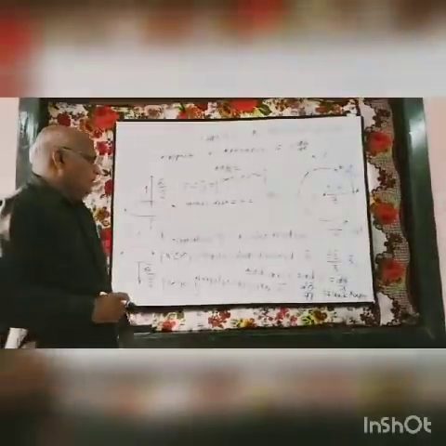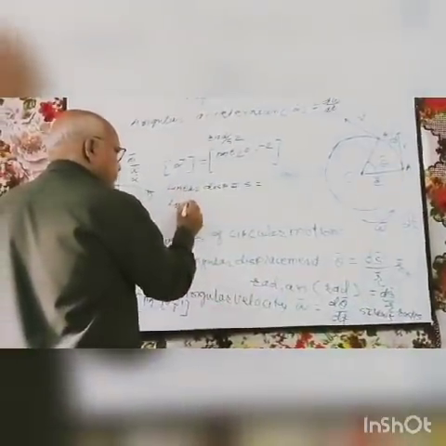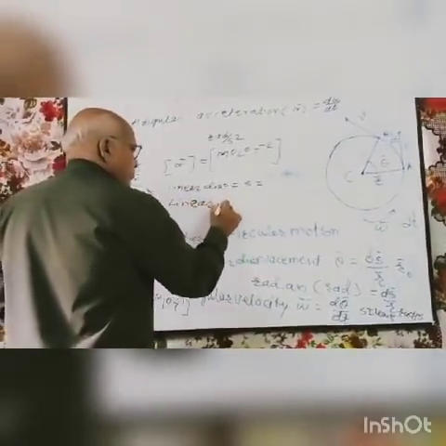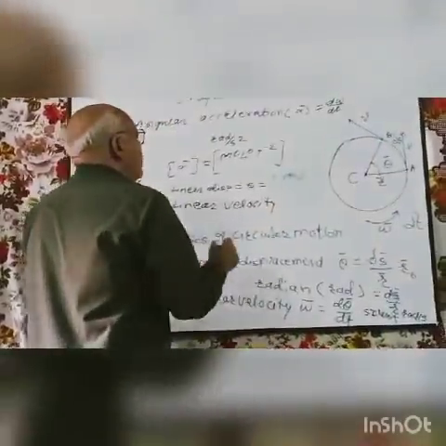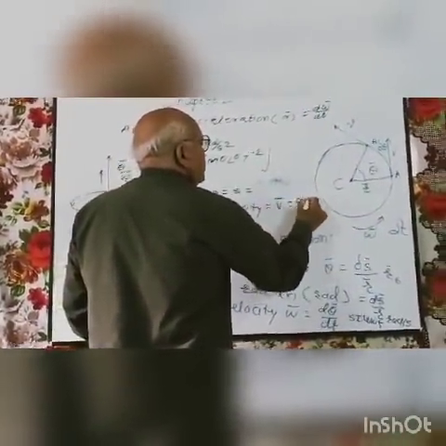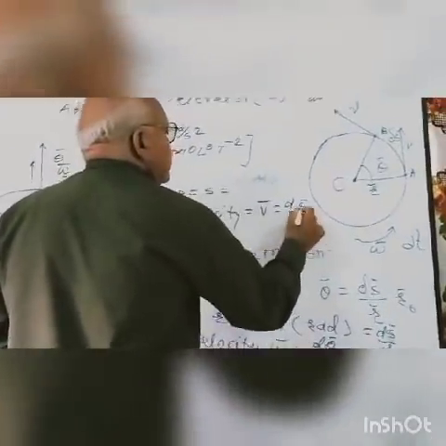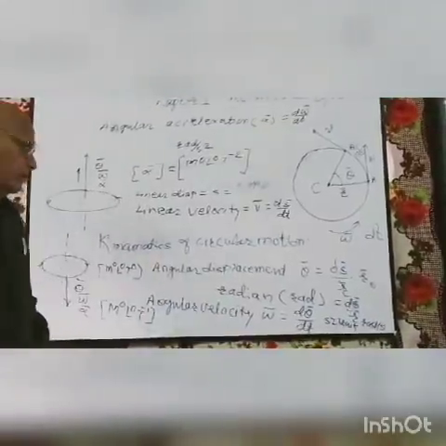Next, linear velocity. What is linear velocity? Linear velocity v equal to ds by dt, that is the rate of change of linear displacement with respect to time.